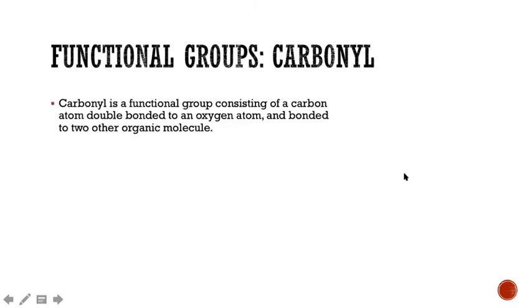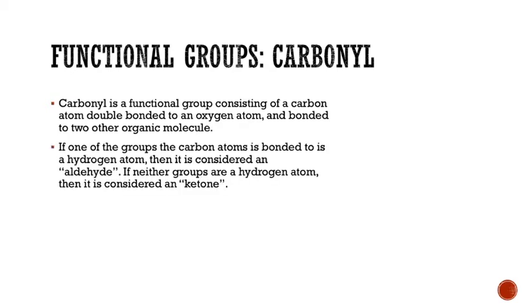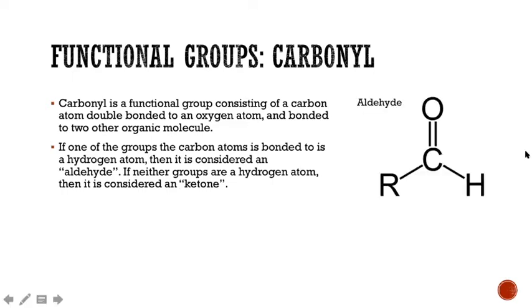Carbonyls are functional groups consisting of carbon with a double bond to an oxygen atom, which is also bonded to two other organic molecules. If the carbon is bonded to a hydrogen atom, in addition to the double bonded oxygen, it's called an aldehyde, which looks like this.